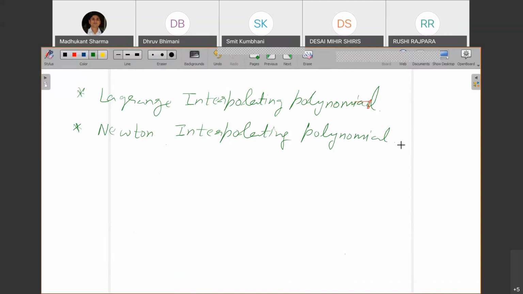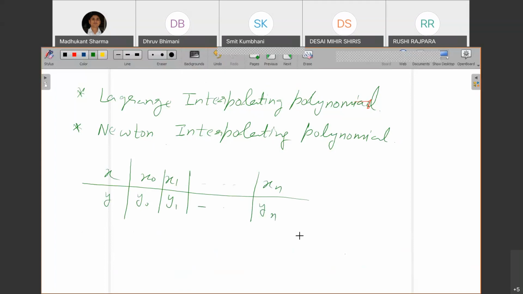Now, what is the disadvantage of Lagrange interpolation? You are required to go for some tedious computations. Like if you are given the data x0, x1, and so on, xn, and y0, y1, and so on, yn. This is the given data to us. For evaluating the Lagrange interpolating polynomial, you require to identify what are Li of x.